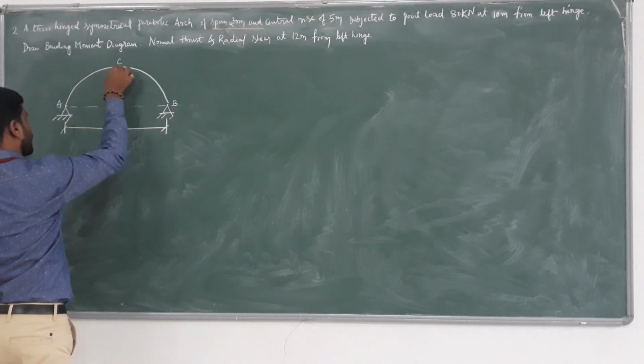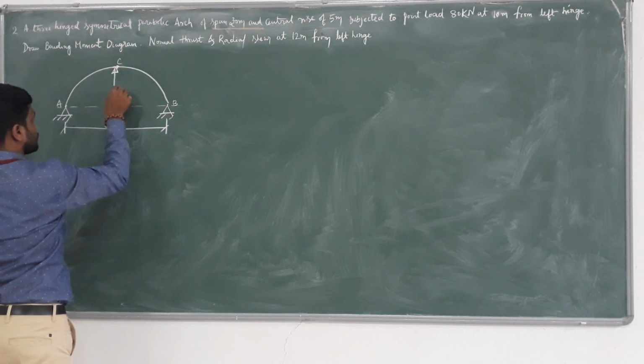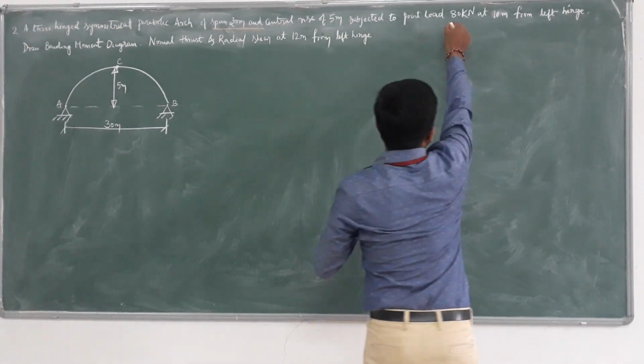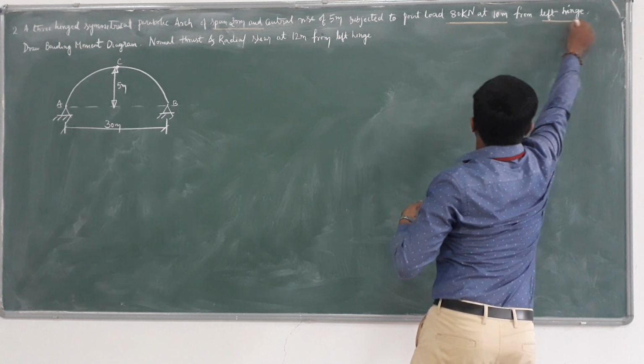This is the central rise, 5 meters, subjected to a point load of 80 kilonewton at 10 meters from the left hinge.